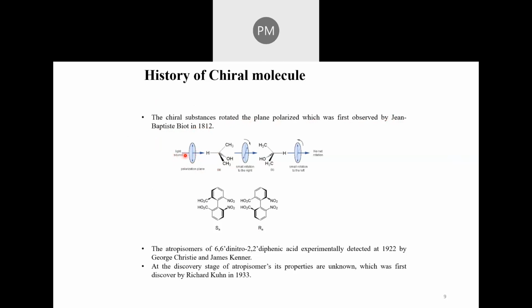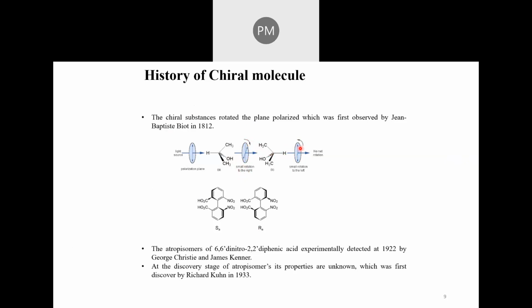So how is this? When we flash a light source and the light passes through the molecule, if the light rotates from this direction to this direction, that is a rotation to the right.